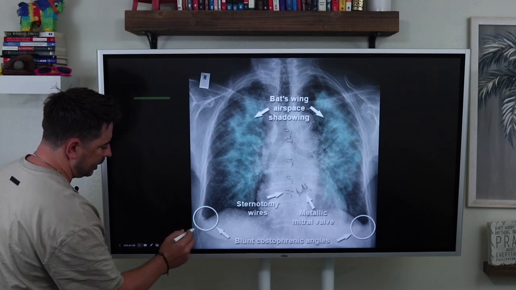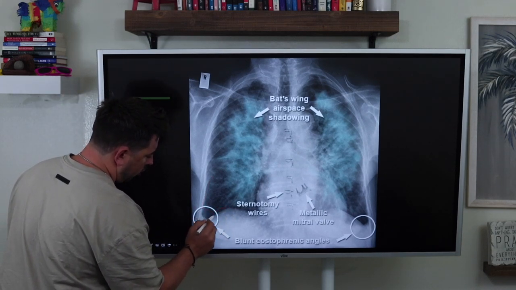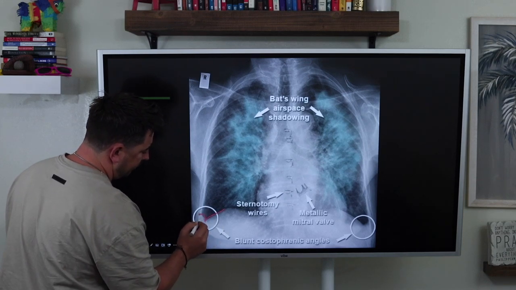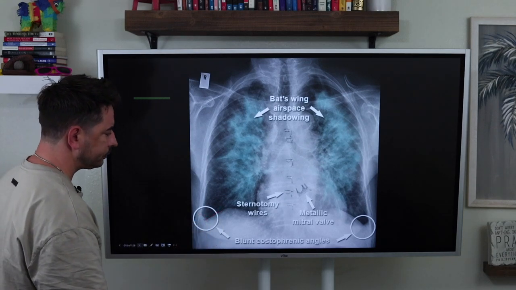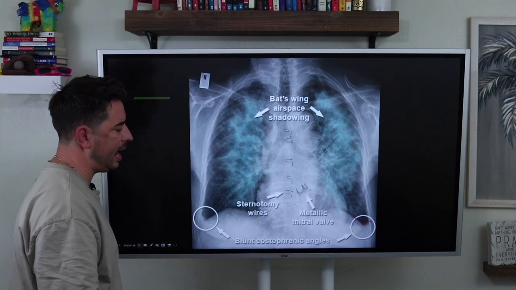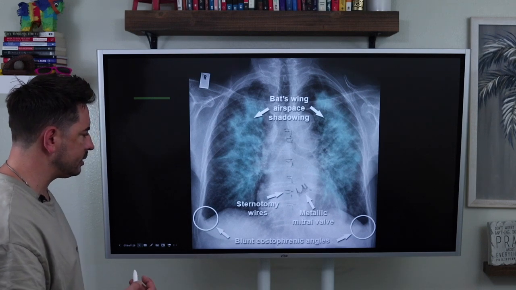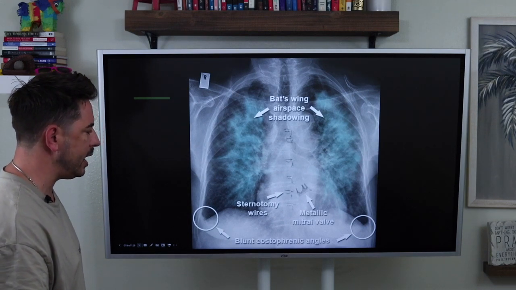But when we look at this, this is way more than a 35 to 45 degree angle. Same thing over here. This looks almost flat, like a 90 degree angle, showing that there is fluid in that pleural space.